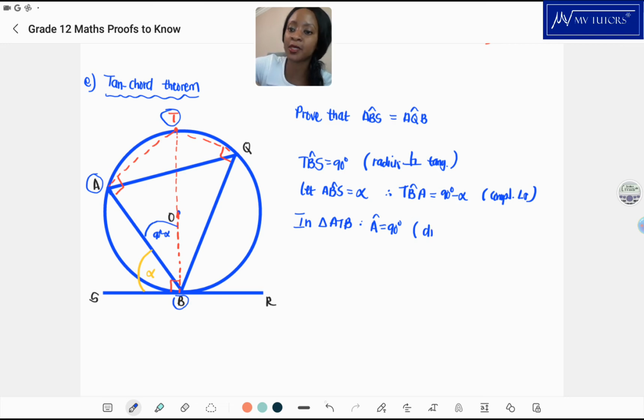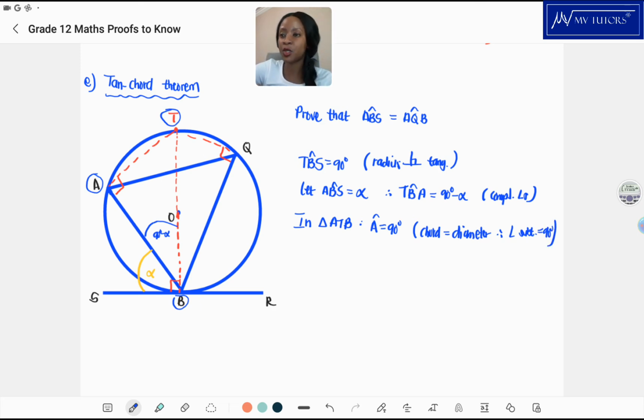So the chord is the diameter, therefore the angle subtended by it is 90 degrees.